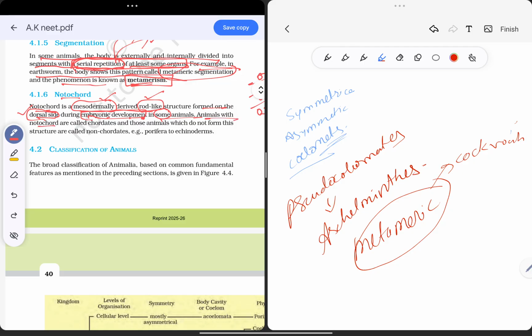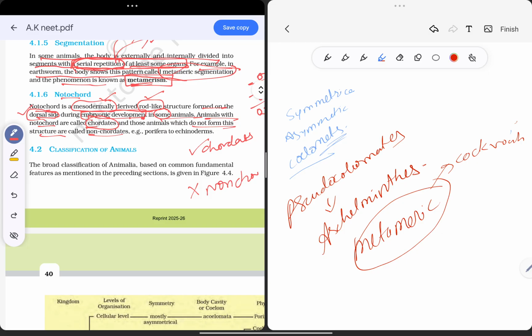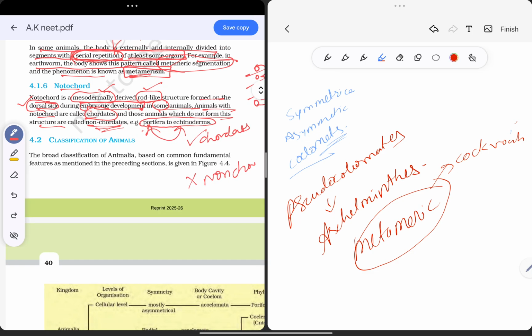Animals with notochord are called chordates. If it's not there, then they're called non-chordates. Example, Porifera to Echinodermata are non-chordates. That's the reason why I'm discussing all non-chordates from Porifera to Echinodermata.